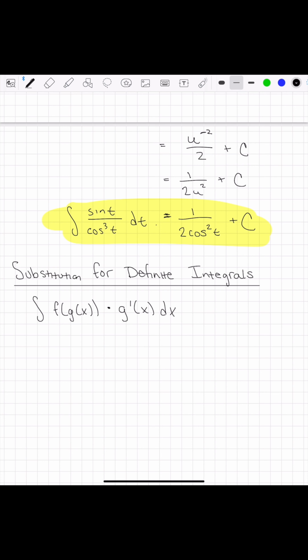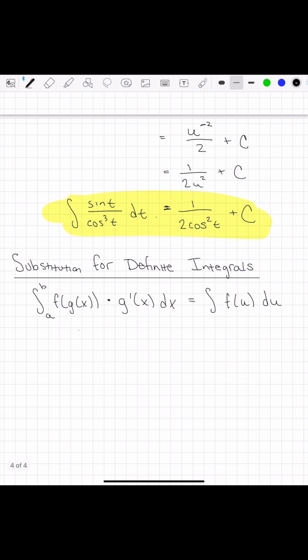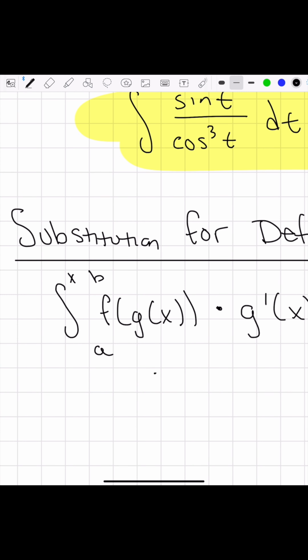And then what we did was we replaced the g with u and the g prime dx with du. All that's changing is now we have bounds. Remember, when I first introduced definite integrals, these values are x values, like x1 is a and x2 is b. But now we're changing those x values.